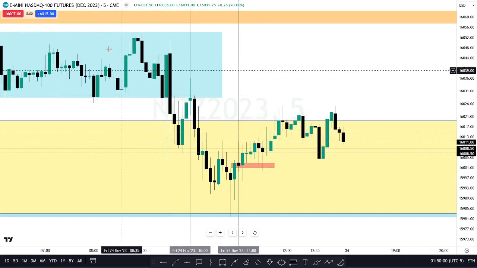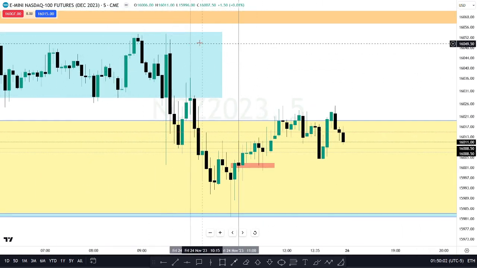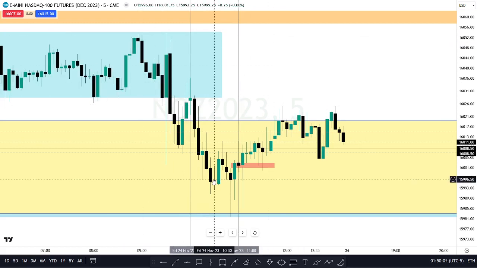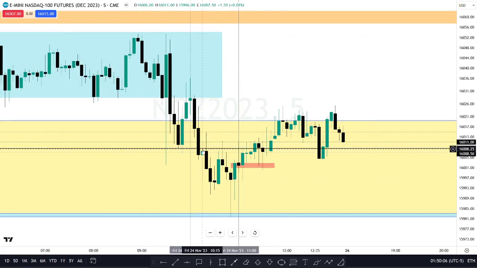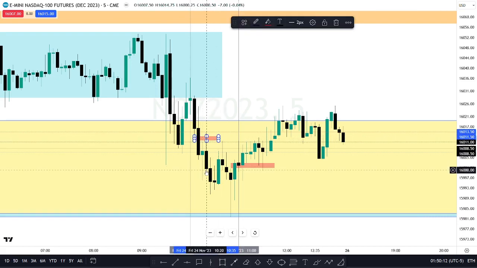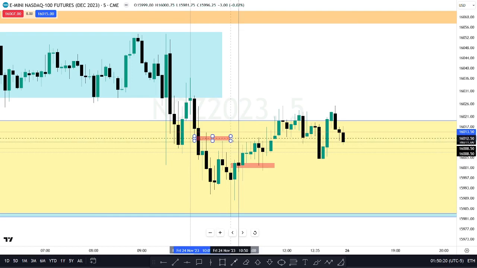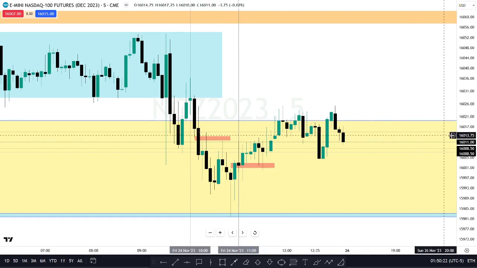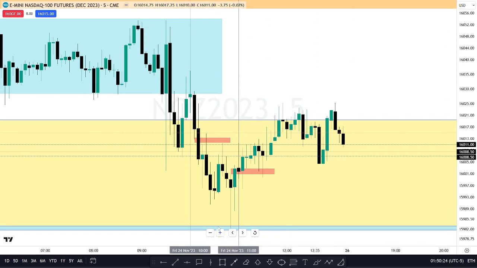Between 10 and 11 a.m. New York local time, you wait for a fair value gap. There you have your fair value gap right there, a small little bit of a fair value gap. Look at the time, 10:20, 10:30. It even gave you a second chance to enter, which you wouldn't, and I wouldn't as well, if it left me up to this far.